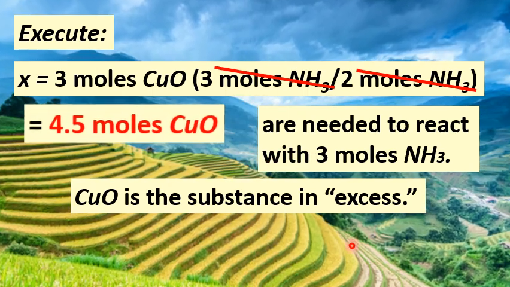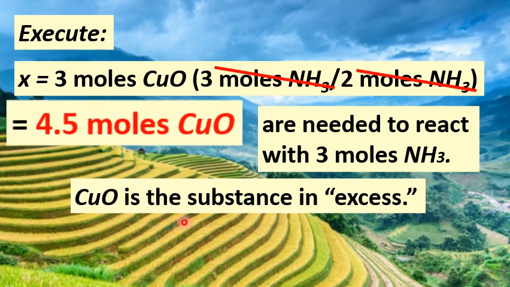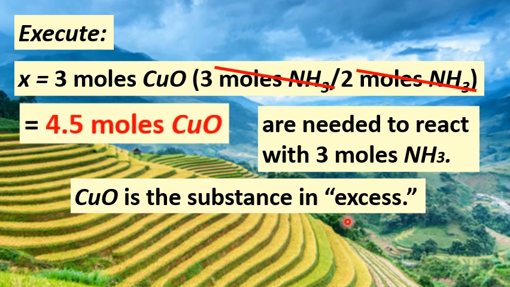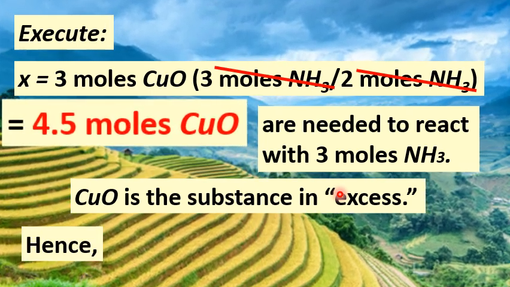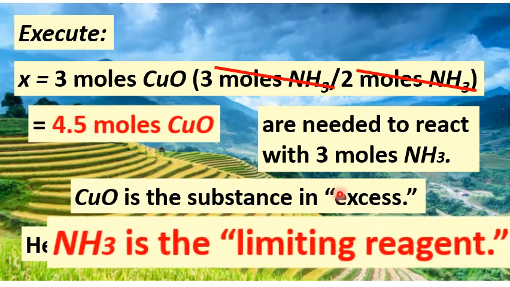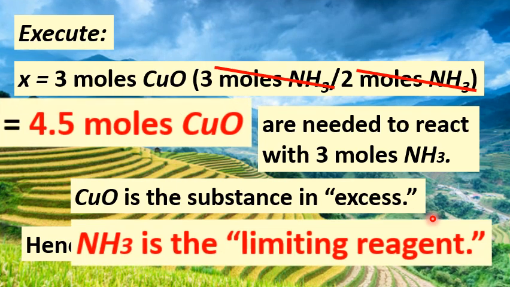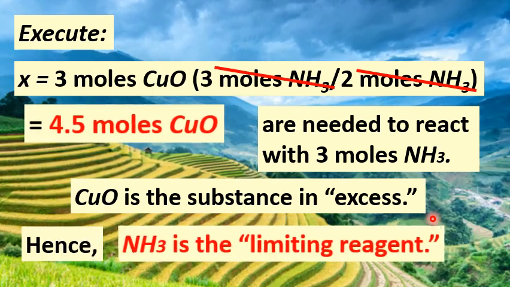That's why we are able to say that cupric oxide is the substance in excess, and so therefore ammonia would be the limiting reagent in this chemical reaction.